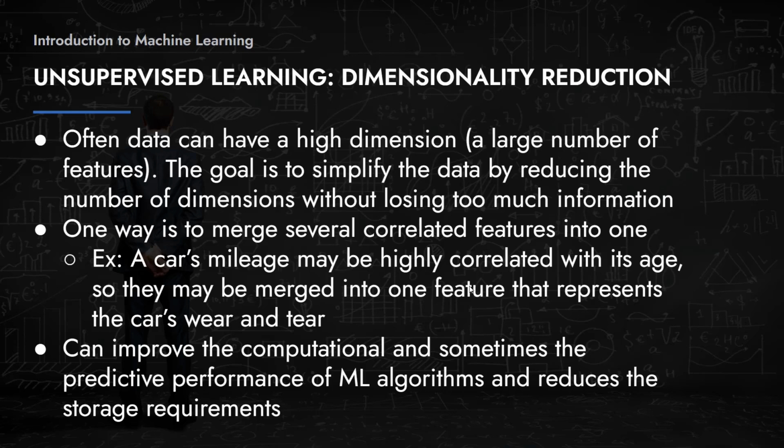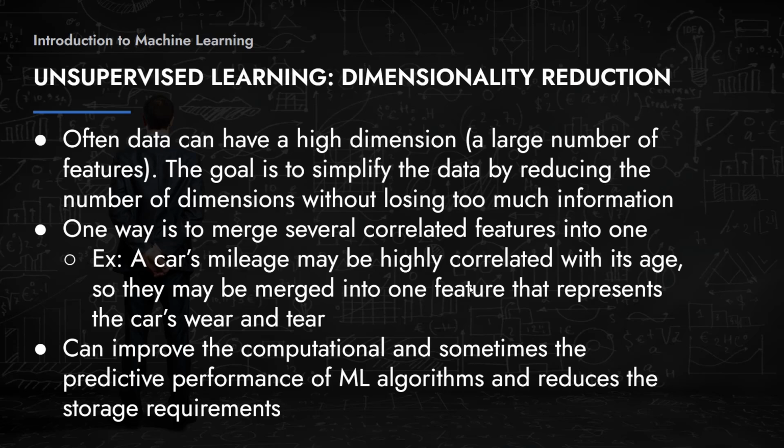That's something that you might do yourself when you're pre-processing your data, and you might play around with your data and do this on your own before feeding it into a machine learning algorithm. But sometimes you have data that has way too many variables, and many of these variables are not very intuitively understandable, in the sense that a car's mileage or its age might be easy to grasp.